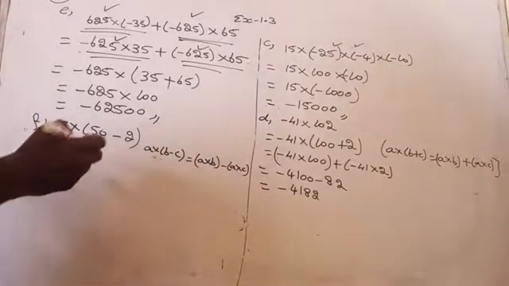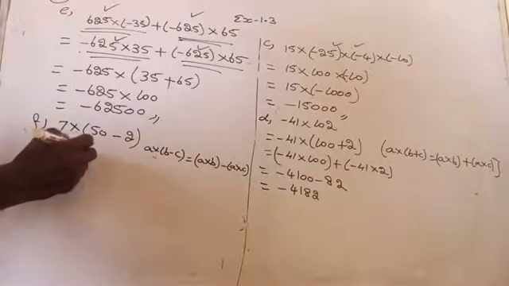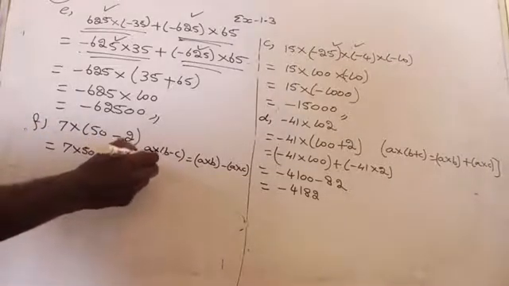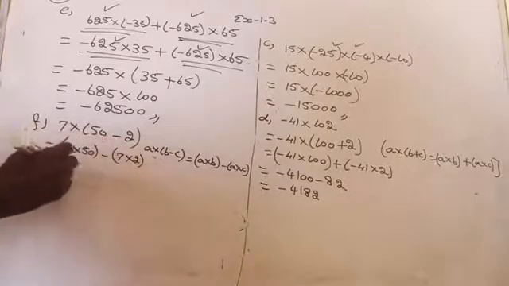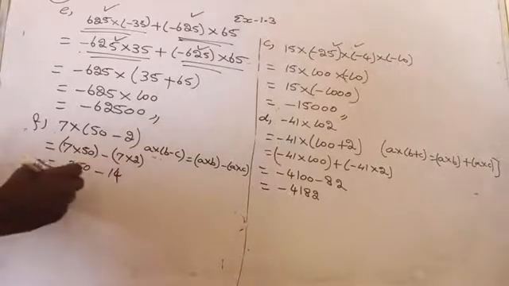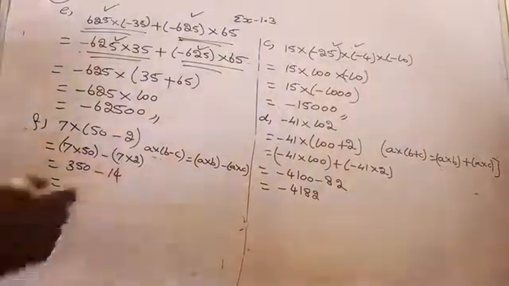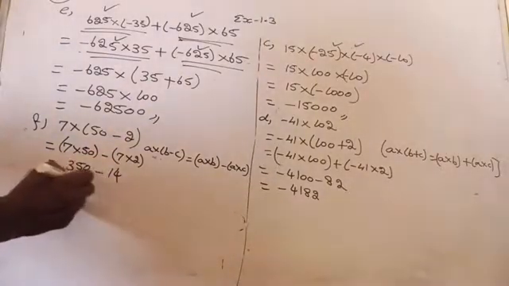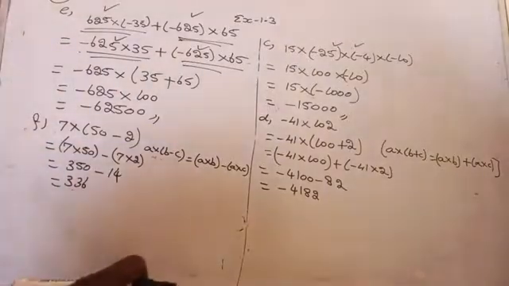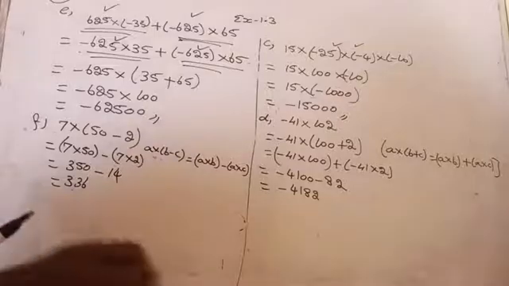So 7 into 50 minus 2 can be written as 7 into 50 minus 7 into 2. So 7 into 50 is 350. 7 2s are 14. 350 minus 14 is 336. Am I right? Yes.